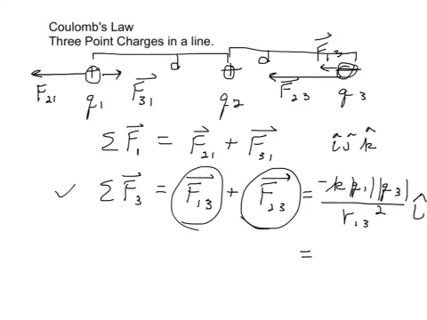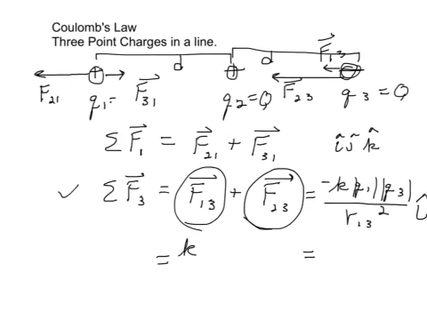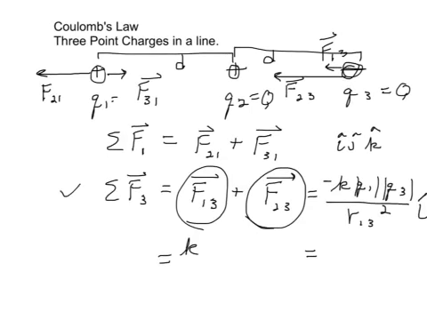Then in this case, the F13 would be K. Oh, and the charge magnitudes are all the same. This is equal to some value Q. It doesn't matter what it is, just that it's all equal.